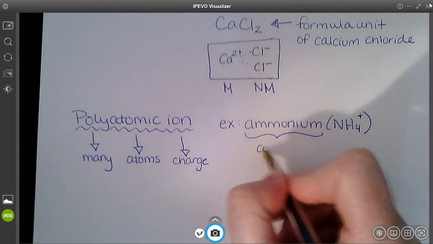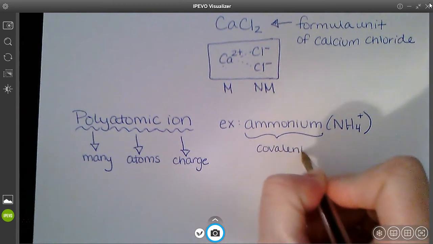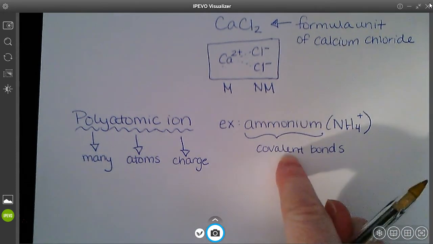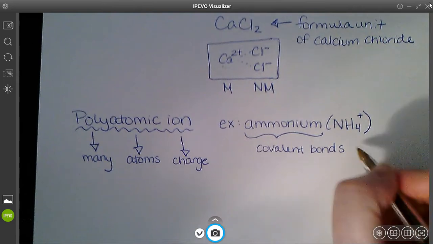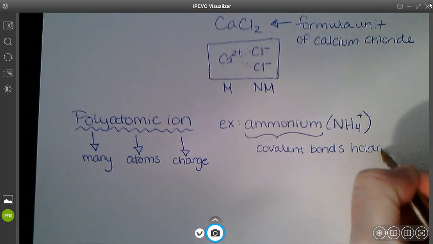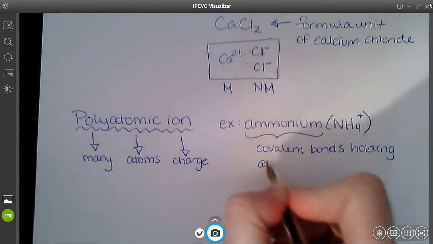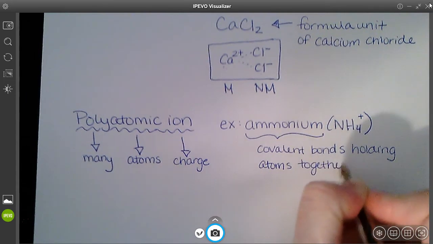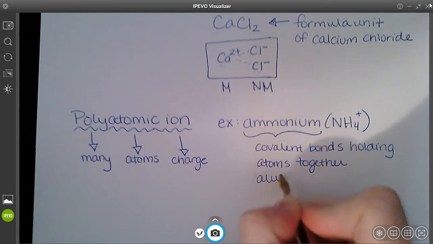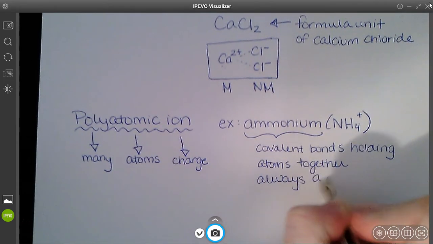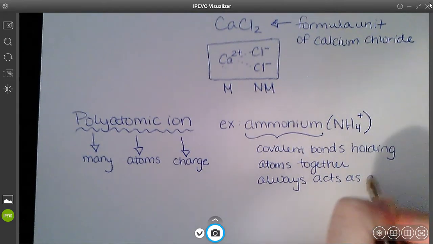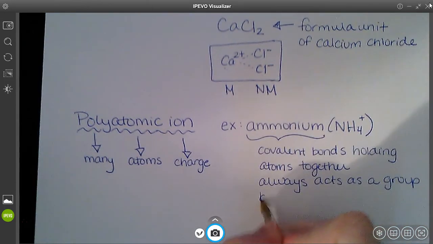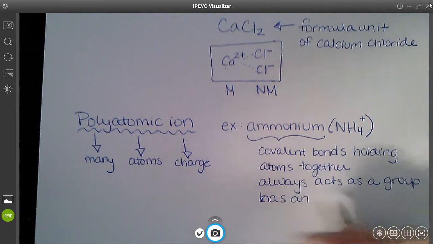It has covalent bonds, meaning it's sharing electrons. We did that last unit. Covalent bonds holding atoms together. It always acts as a group and has an overall charge.